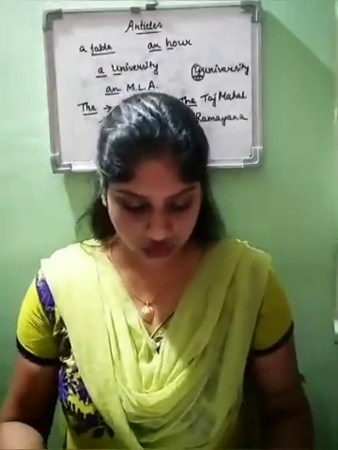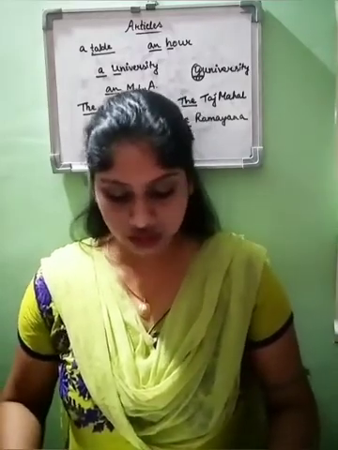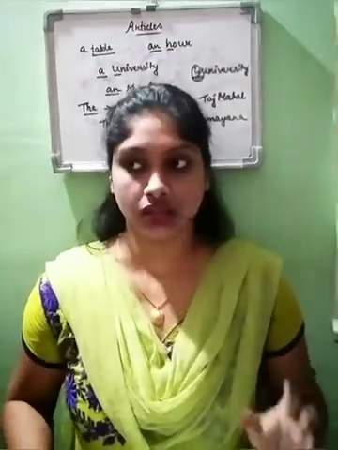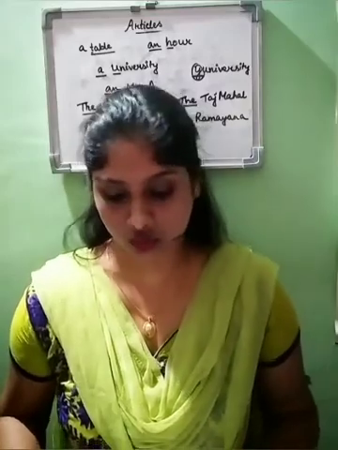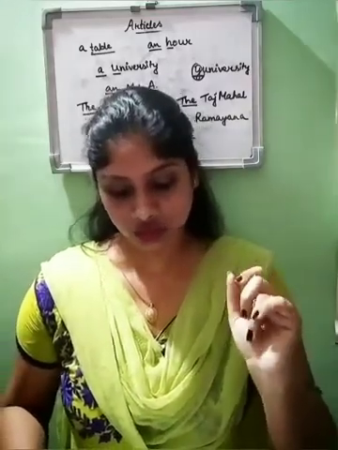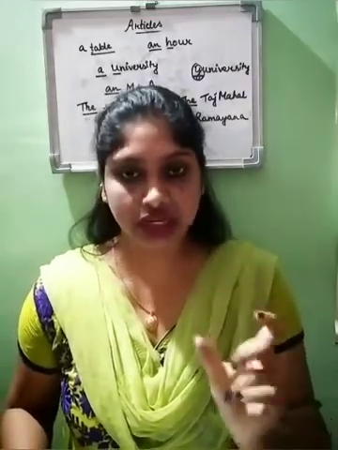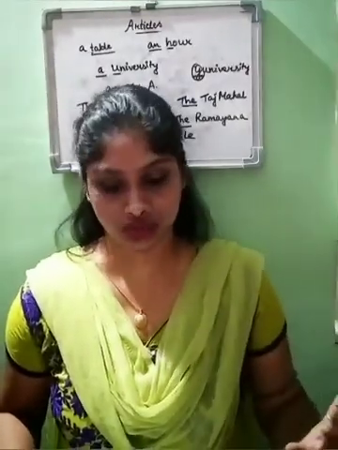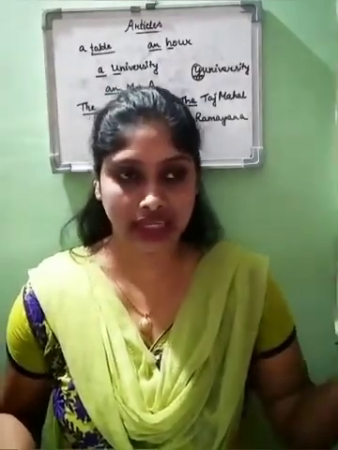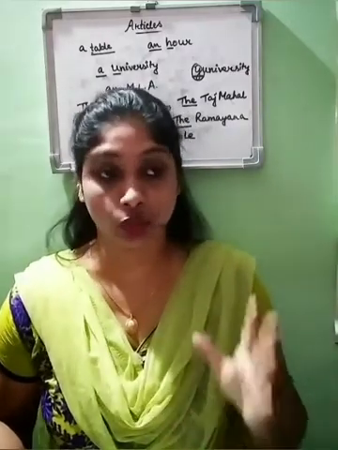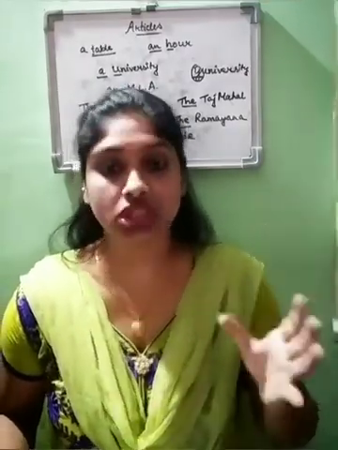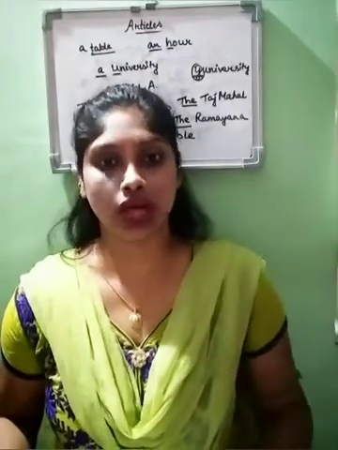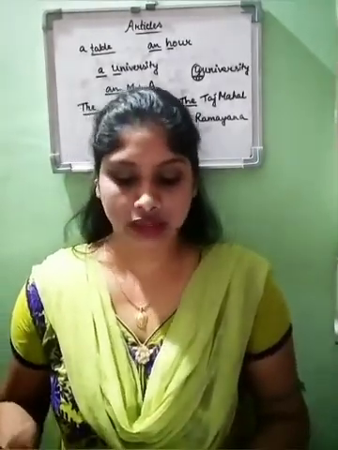And one more thing that you need to remember is when articles need to be omitted, when the definite article the is not used or articles are not used. Suppose you cannot even write a, an or the in any case. When articles are omitted, in which cases you can't use articles, that is before the names of substances.